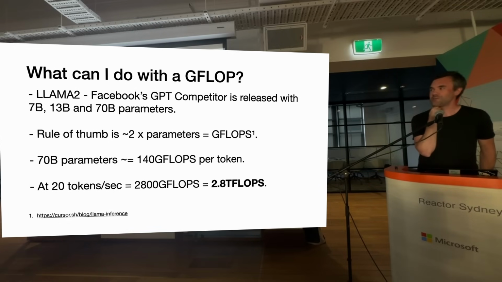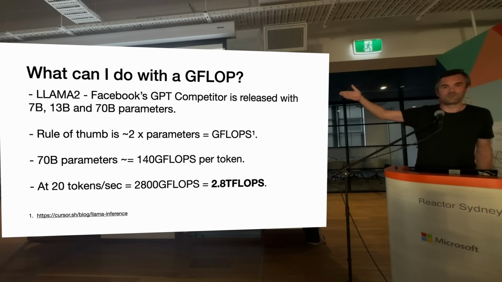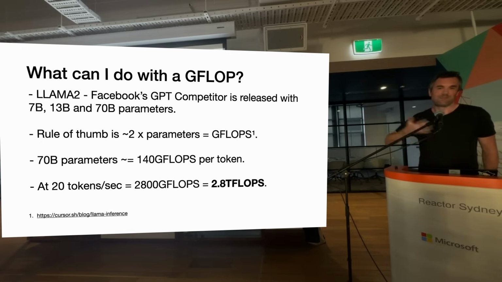They reckon ChatGPT has around 800 something billion parameters. So every time they do a forward pass on those neural nets, there's 800 billion parameters being involved. Facebook's released the 70 billion one that gets quite good results. If we multiply it by 2, we're sitting at about 140 gigaflops per token.